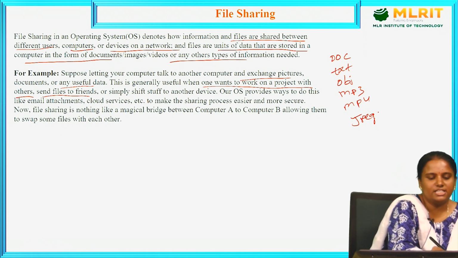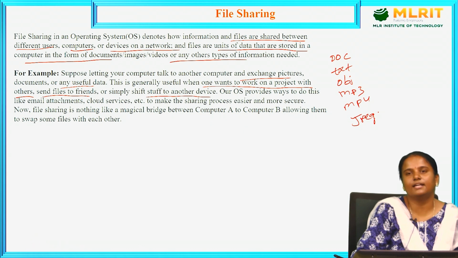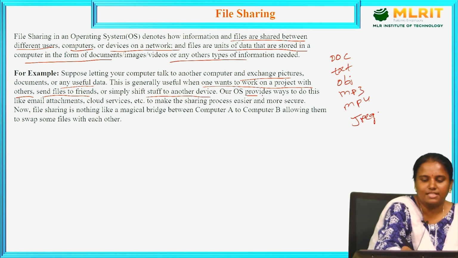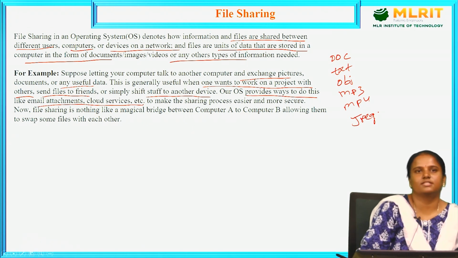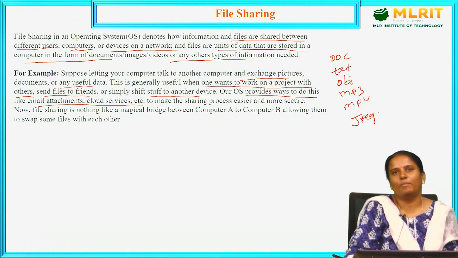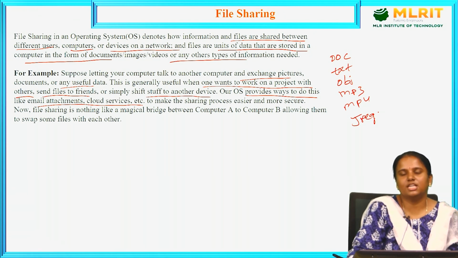Or simply shift stuff to another device, maybe by storing it on a pen drive and sharing it with another device. Our OS provides ways to do this, such as email attachments or cloud services. In our operating system we can send the project through mail or through a cloud service.